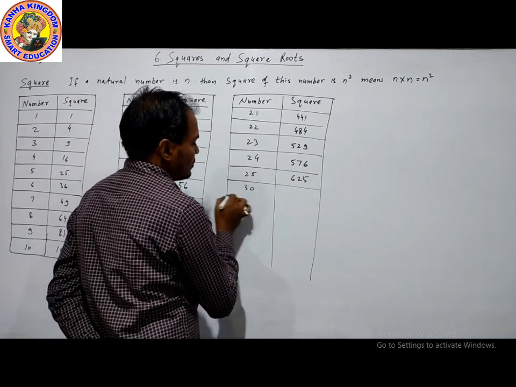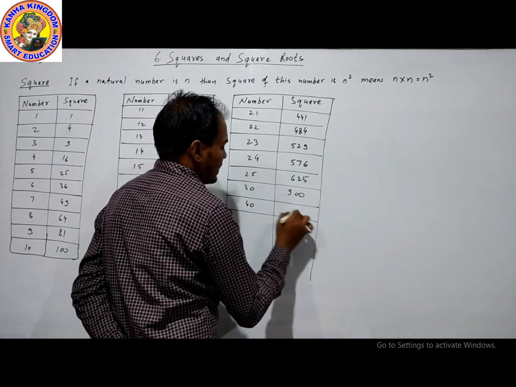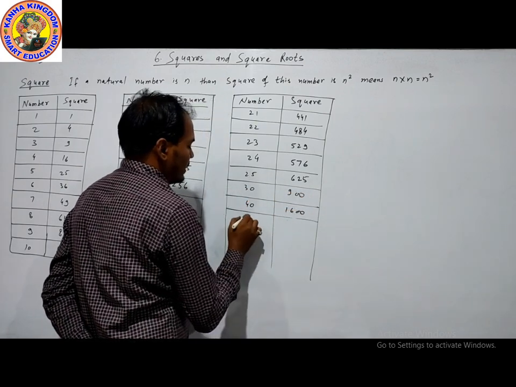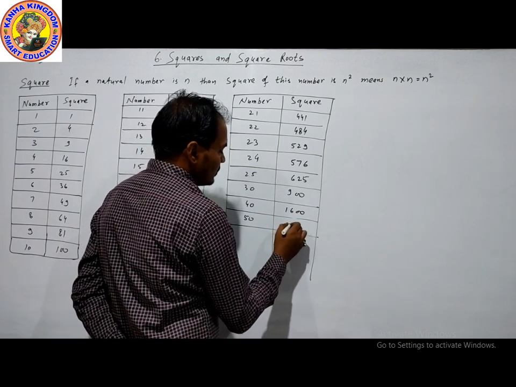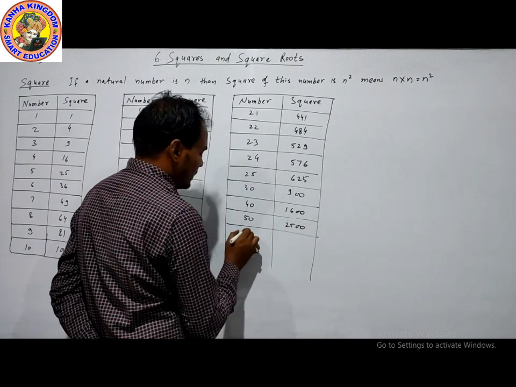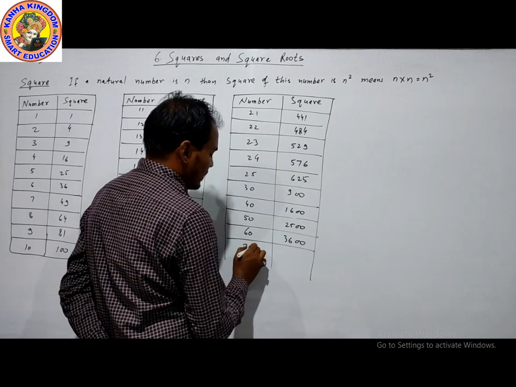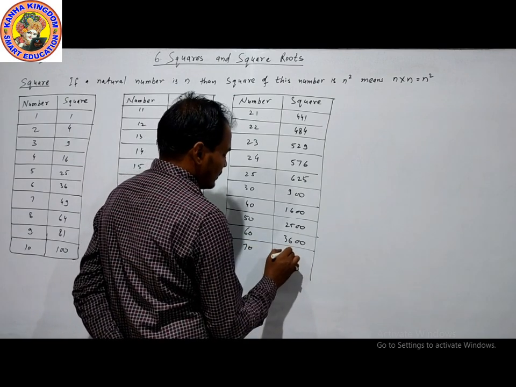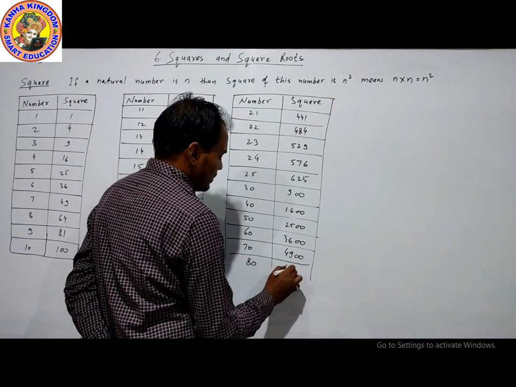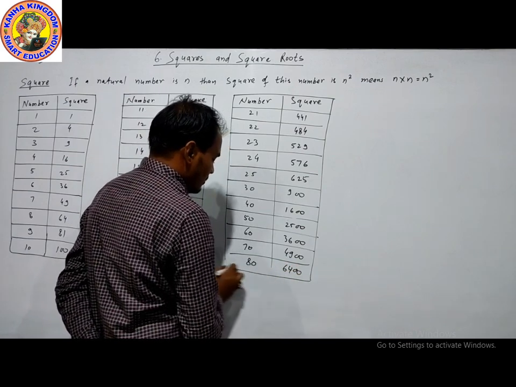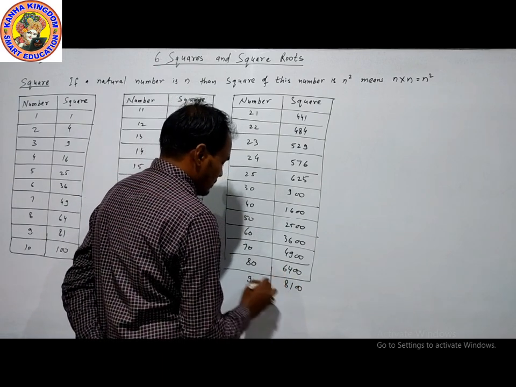Now 30 square is 900, 40 square is 1600, 50 square is 2500, 60 square is 3600, 70 square is 4900, 80 square is 6400, 90 square is 8100.